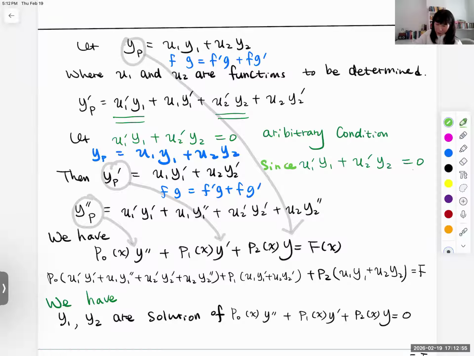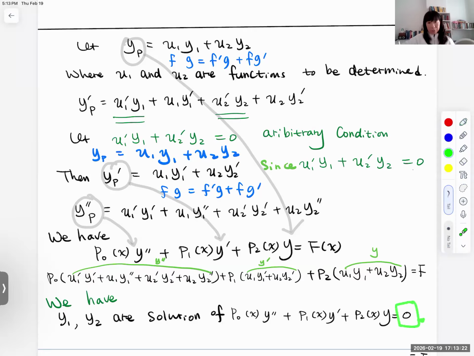So let me rewrite: this will be y second prime, this will be y prime, and this will be y. Make sense? Now they said in the beginning, in the statement, that y sub 1, y sub 2 are solutions of the homogeneous equation, so we have equal to 0.